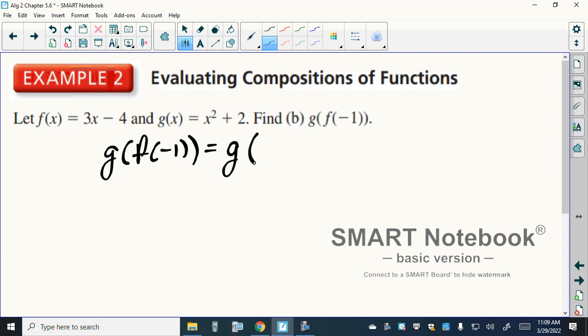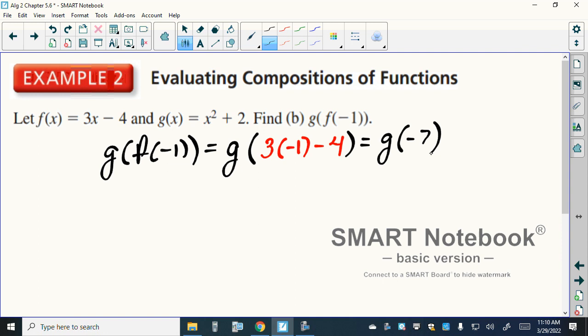So again, the first thing we can do is plug -1 into f of x. If we plug the -1 into the f of x function, we get 3 times -1 minus 4. Now the 3 times -1 minus 4, we could plug that into a calculator and let it simplify it for us. Or if we did it by hand, 3 times -1 is -3, minus 4 is -7.